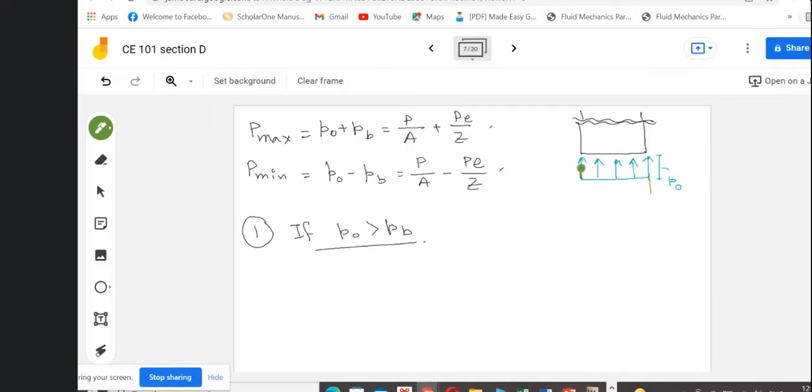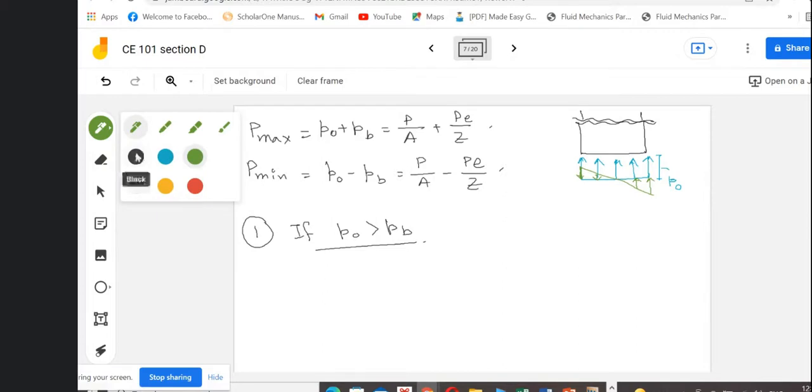So if we just connect it here, now this portion is in the opposite direction.